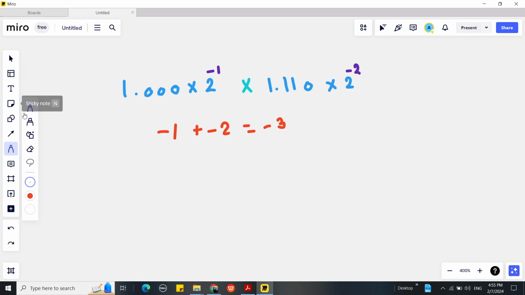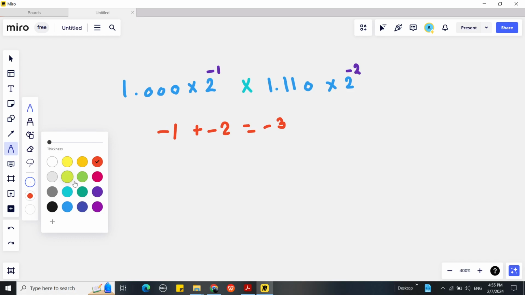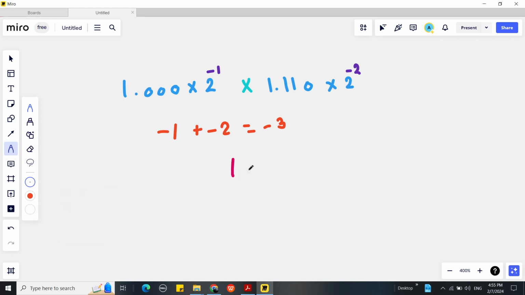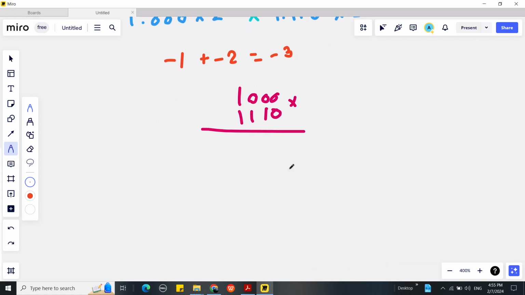Now I need to take these numbers. Let's take magenta. 1,0,0,0 times 1,1,1,0. As you can see, I just deleted the points, and you should also delete the decimals. Sorry, and you just need to multiply it as if it was a normal number. So I'm just gonna do the math to not waste your time and come back to you.